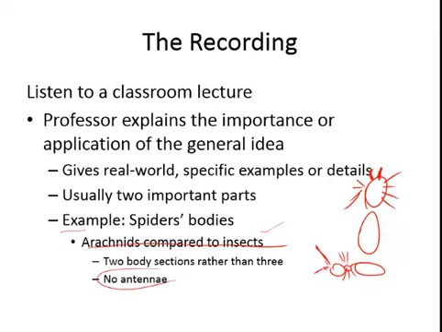An ant has an antenna. A fly has antenna. Spiders have like teeth or mouth parts here, but they don't have antenna. And this would be in a longer lecture with more and more detail, but these two specific ways would be the most important parts for you to hear.